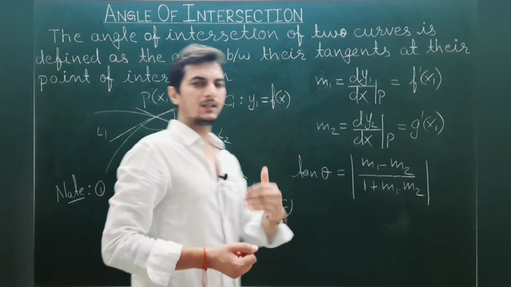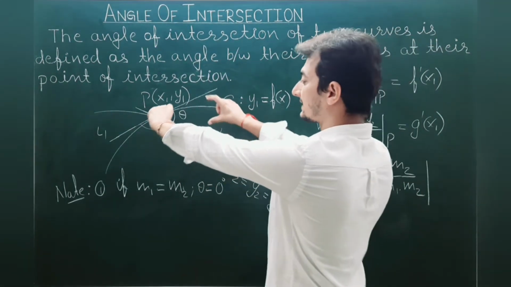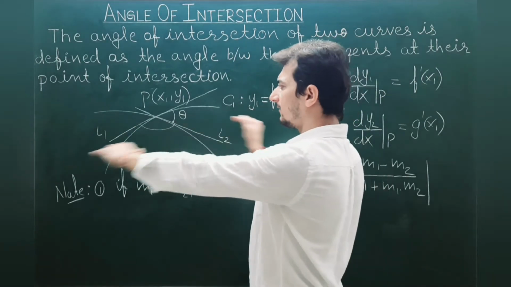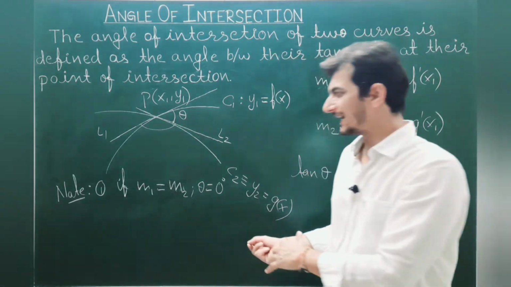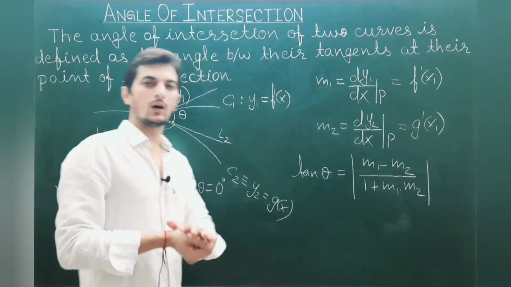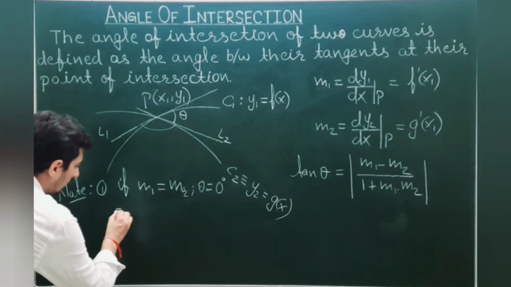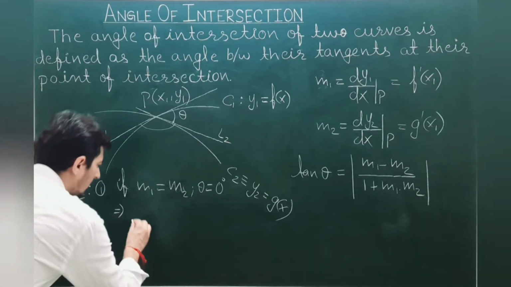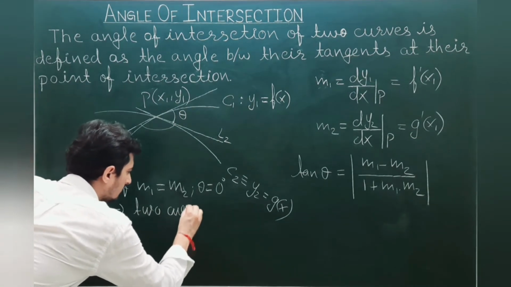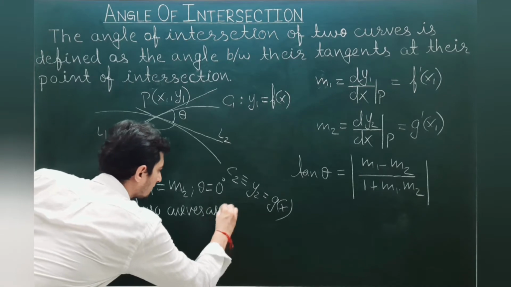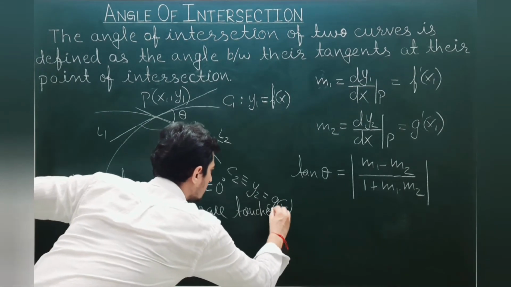Now if the angle theta is 0 degrees, or you can say that the two lines have the same slope, that means there is going to be a common tangent. It implies that the two curves are going to touch each other, right? So geometrically this gives you the condition of touching, that the two curves are touching each other.